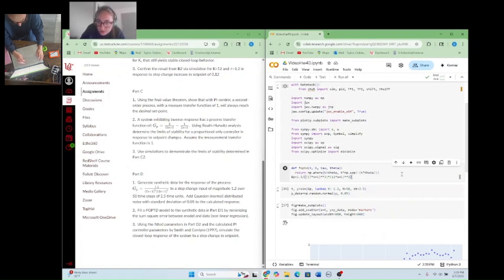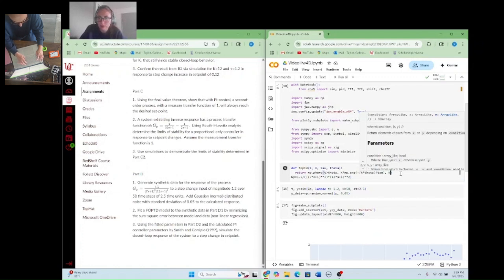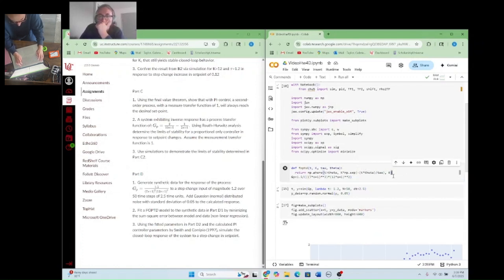Now I want to divide this by tau, and then this is otherwise 0. Okay.